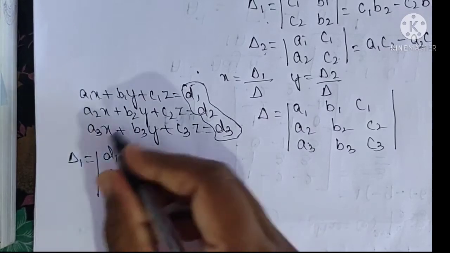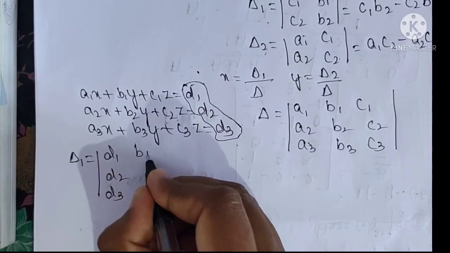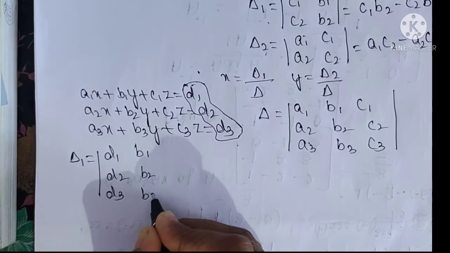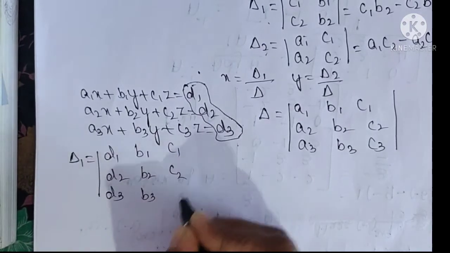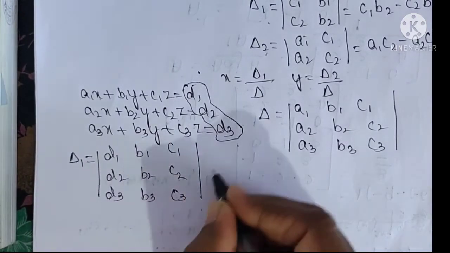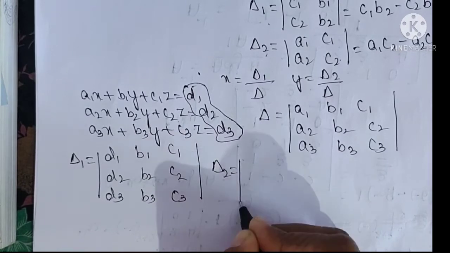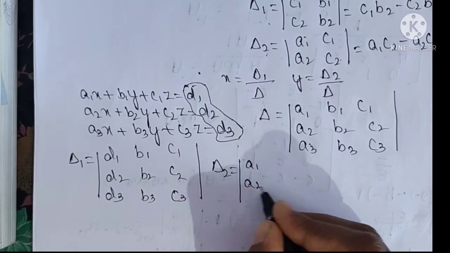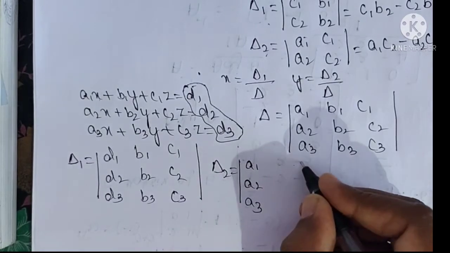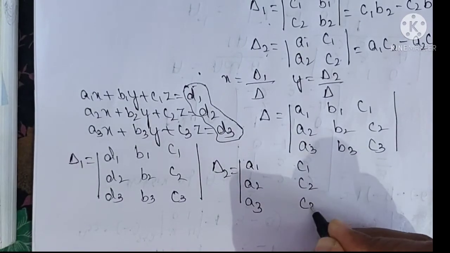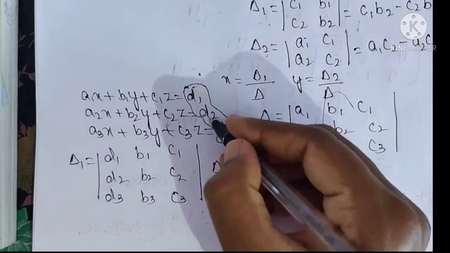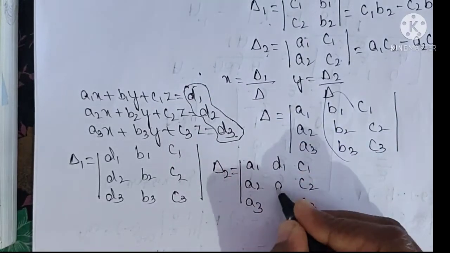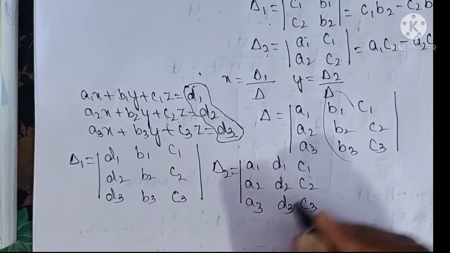Here I replace the first column, and the second and third columns stay as they are. To get delta 2, you replace the second column: the first and third columns stay as they are, and you replace the second column by the constants d1, d2, d3.